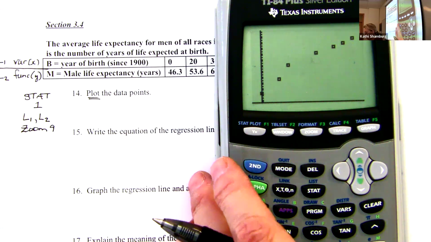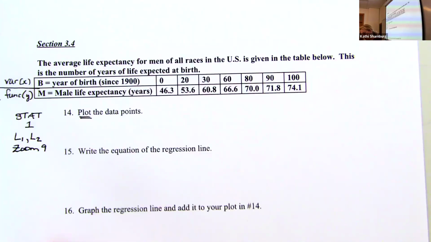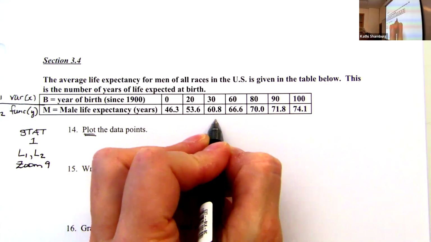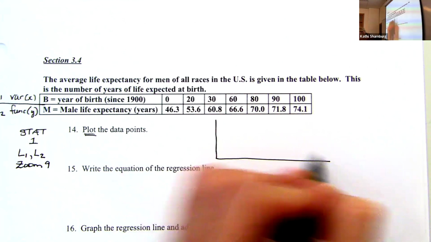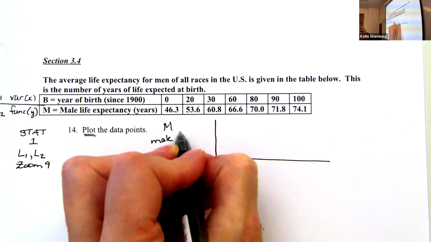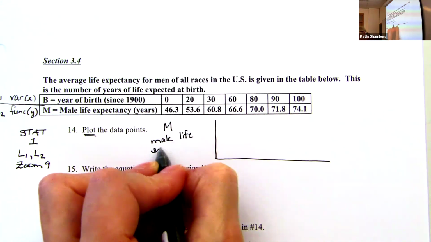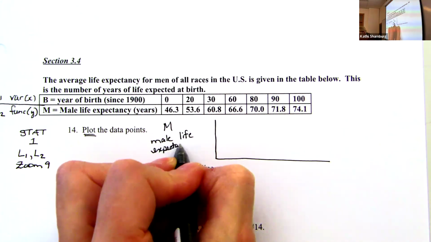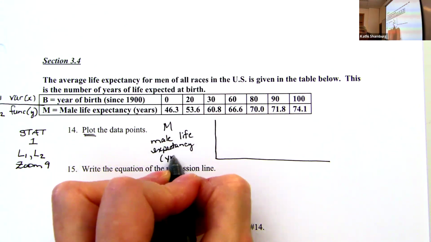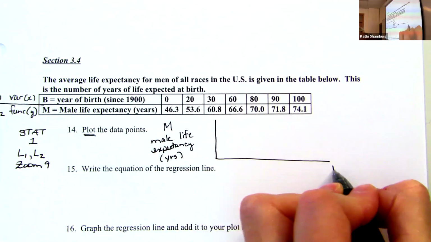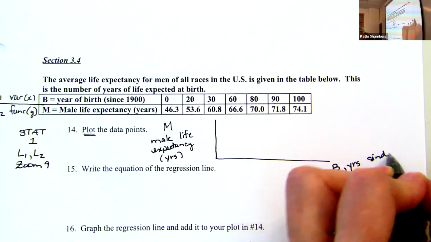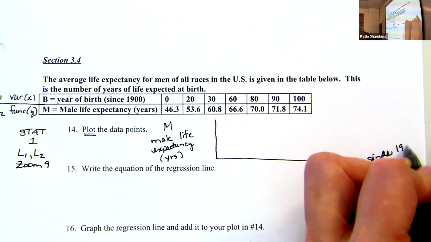Now, it wants me to do a sketch of this. There's not a lot of room. I don't love it that there's not more room, but we'll work with it. Okay, male life expectancy, years, and then we have B, it would be years since, or births, whoops, since 1900.